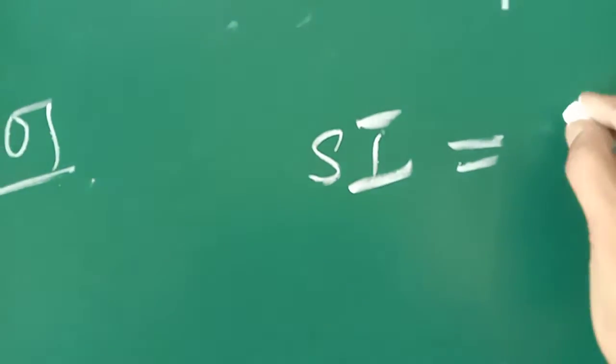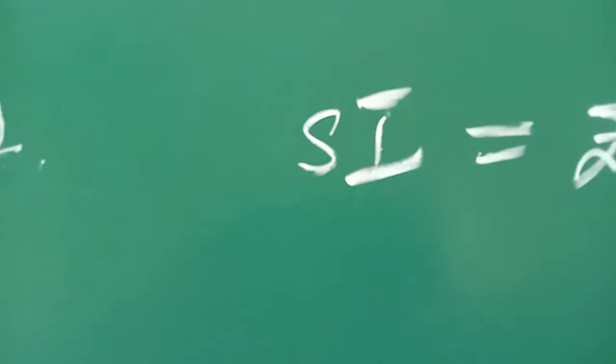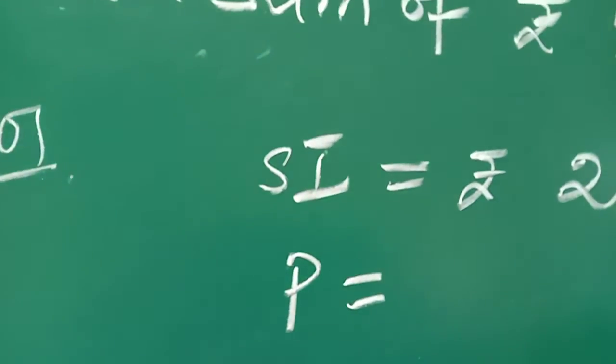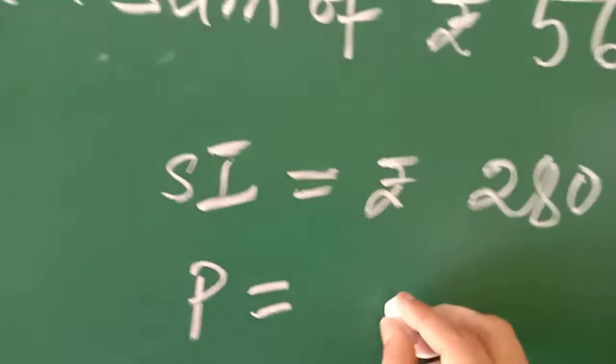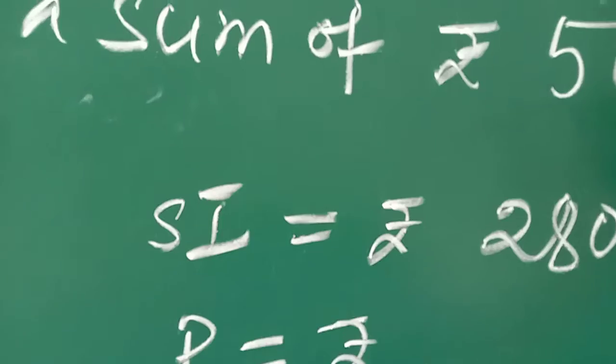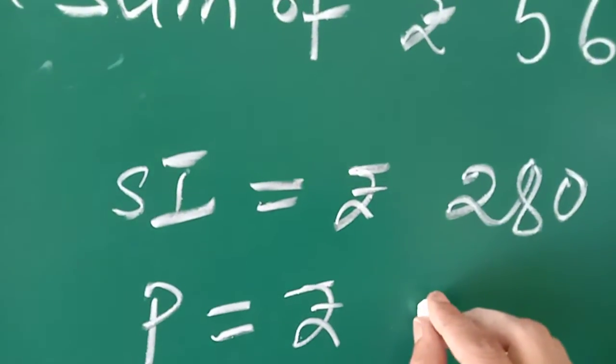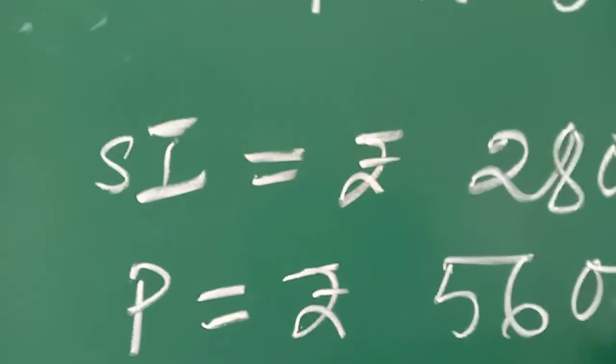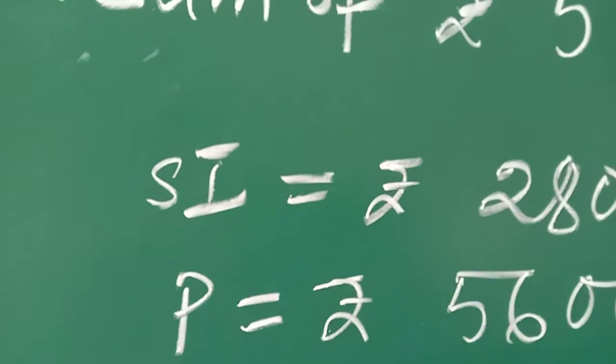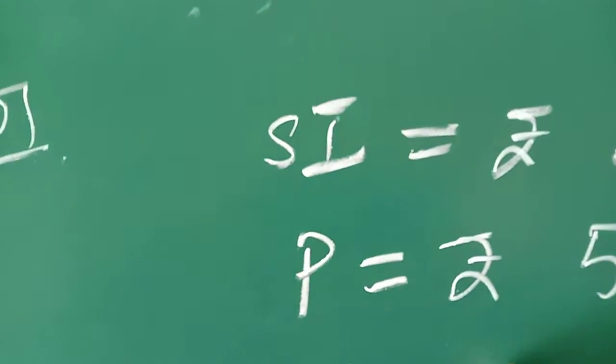What is the SI? Rupees 280, on the sum of rupees 56,000, that means this sum has been deposited on which the interest 280 has been got, and time is given, 2 years.